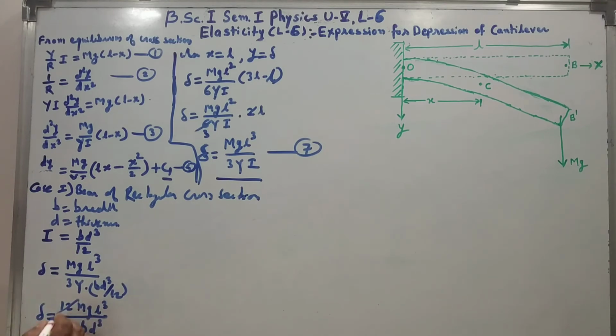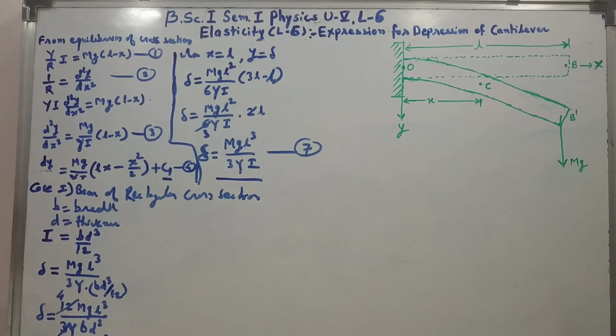Here 3 gets cancelled with 12, and we get delta equal to 4 mg L cube upon Y BD cube. This is equation number 8.